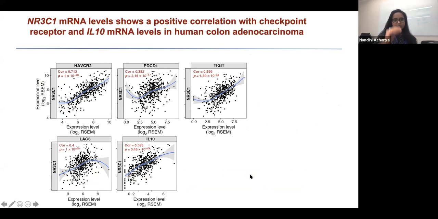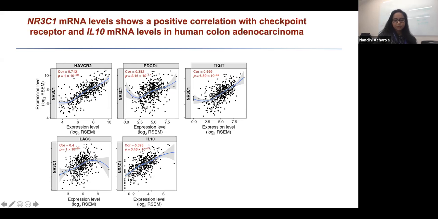So far I showed you from our murine data that there is a relationship between the glucocorticoid receptor and the checkpoint receptors and IL-10. So we wanted to see if this pattern would hold true in humans also. So we looked into the TCGA database, and what we found is that the mRNA level of the glucocorticoid receptor, NR3C1 being the gene, did positively correlate with the expression of checkpoint receptors like TIM3, HAVCR2 being the gene for TIM3, and for PD1, PDCD1 is the gene.